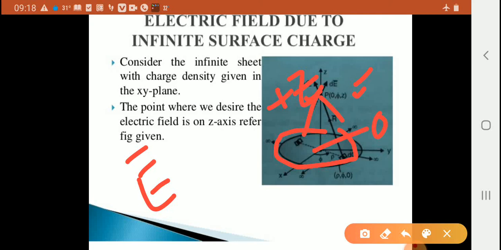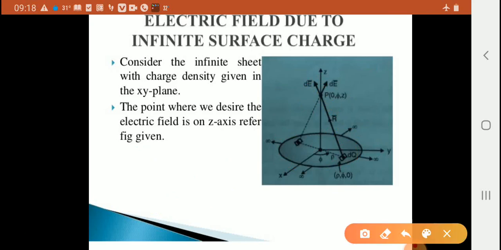Now we will create a small charge dq in this infinite sheet as shown in the figure. Let the coordinates of this point be rho, phi and 0.